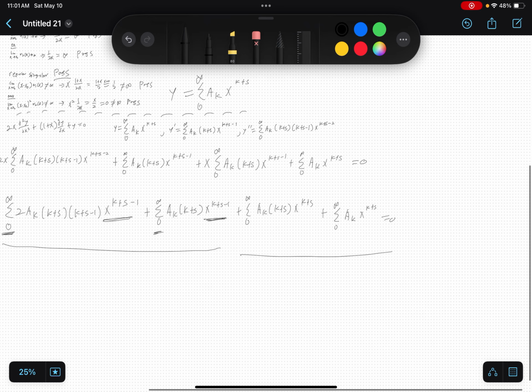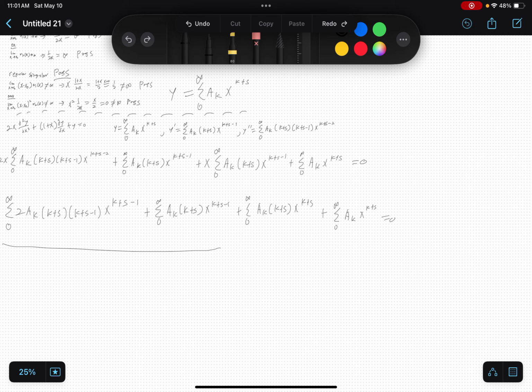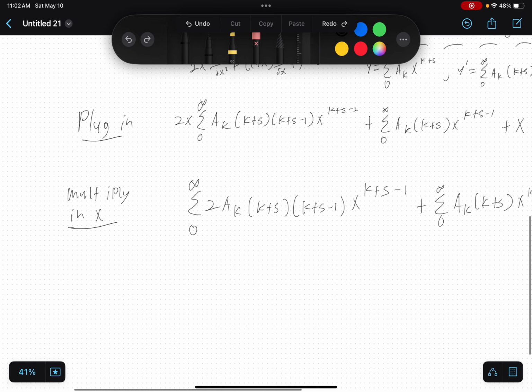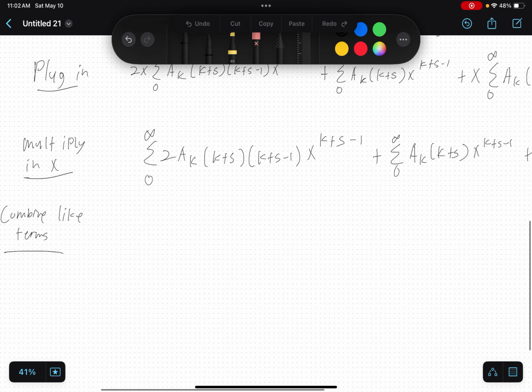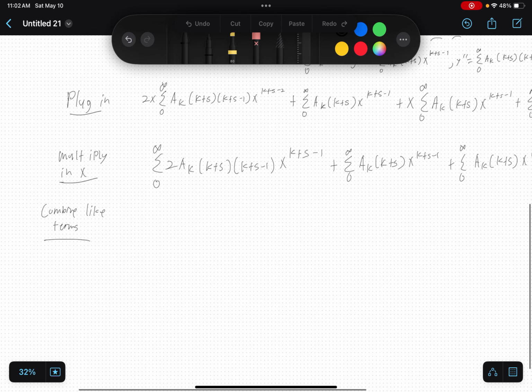And these second 2 terms are alike because they sum over the same range and they have x to the same power. Okay, so yeah, we literally just sum them.